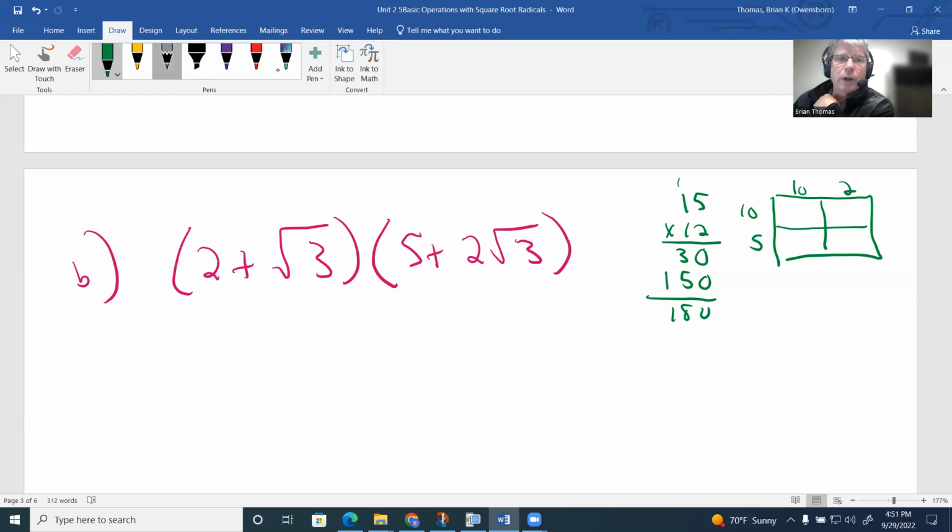So the 10 would have to multiply to the 10, and the 10 would have to multiply to the 2. So that would give us 120. And then this 5 would have to also multiply to the 10, and this 5 would have to also multiply to the 2 to get each area. So that's going to be 50 plus 10. So then if I add all that together, 100, 170, 180, that would be the answer. So notice that also gives us the answer.